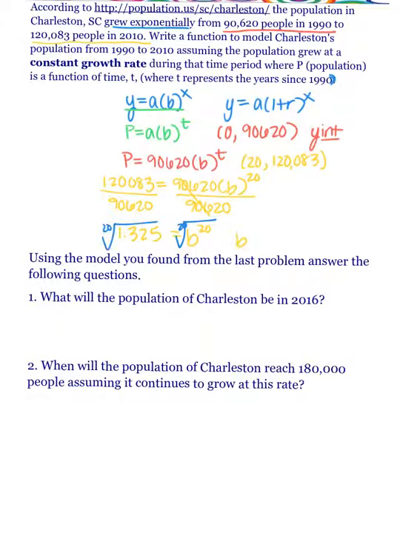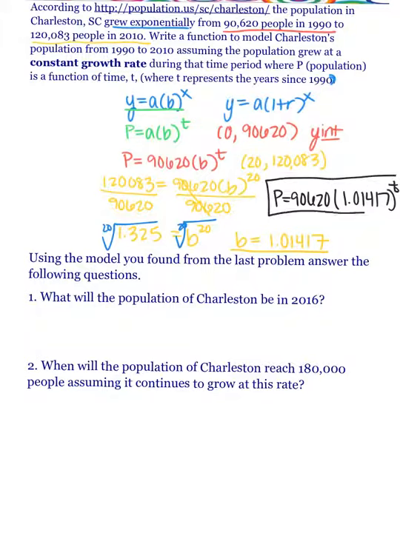Then b is equal to 1.01417. So my function is P equals 90,620 times 1.01417 raised to the t. Now I can use that model in the next two problems.